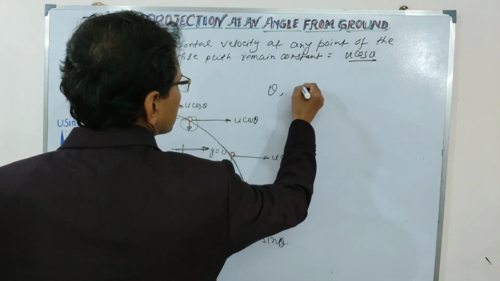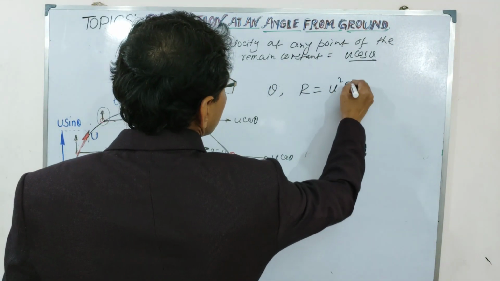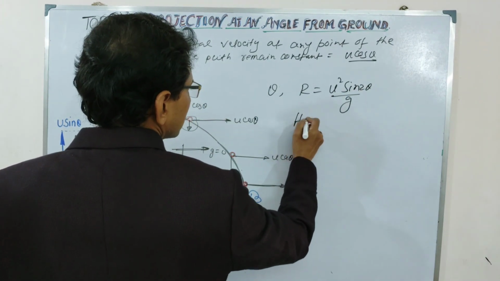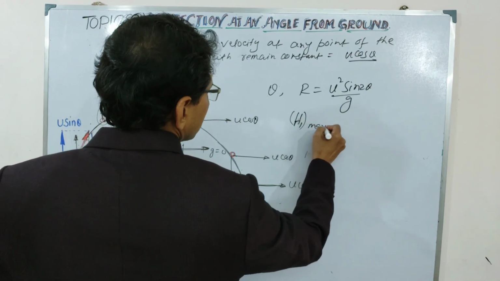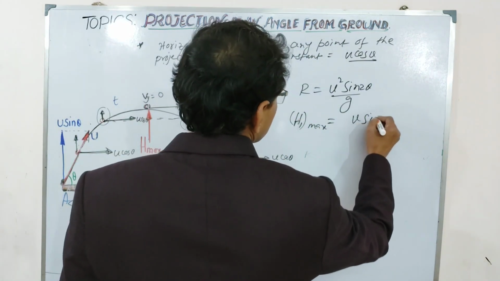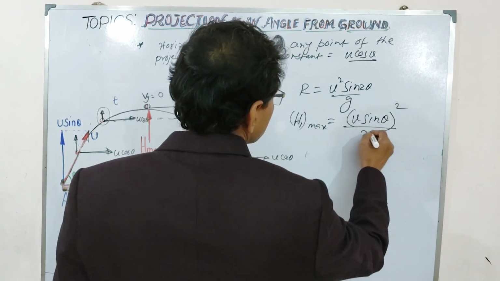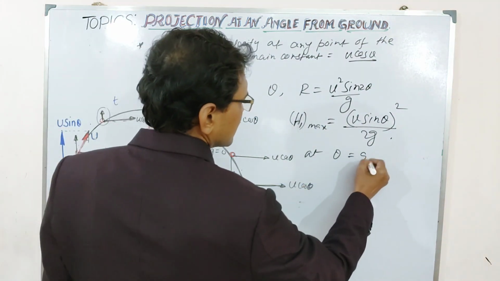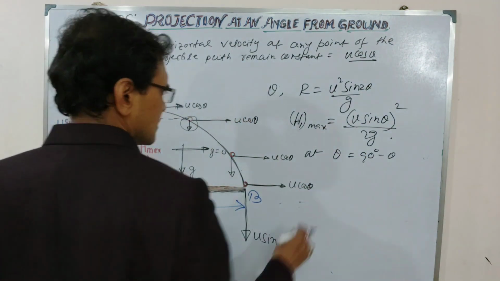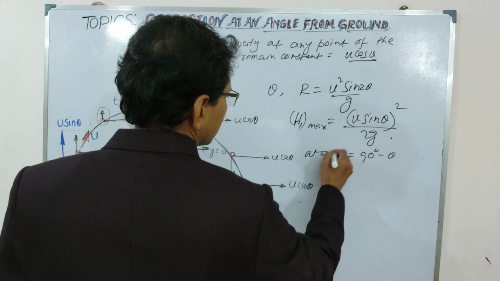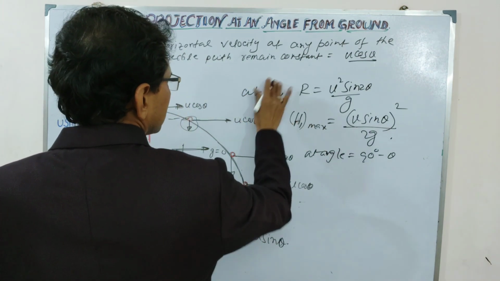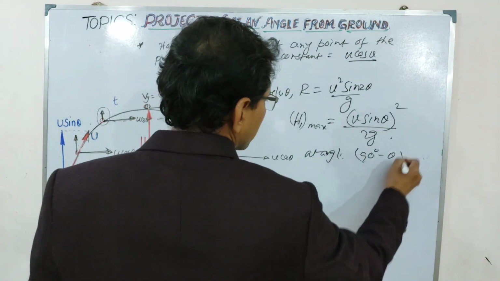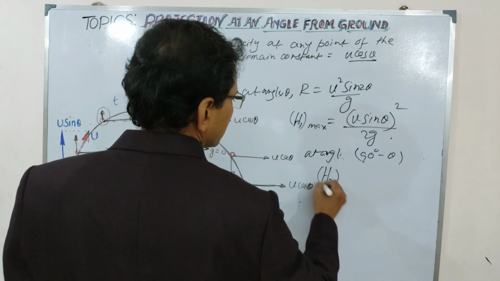So at angle theta, range equal to u square sin 2 theta by g, and maximum height, suppose h1 for that case, equal to u sin theta whole square by 2g. Now at angle 90 minus theta, what is the maximum height?